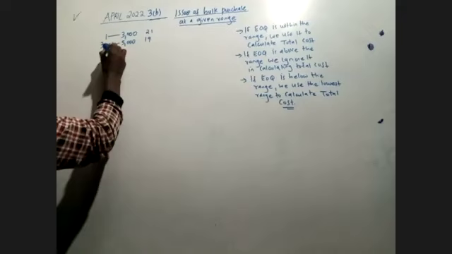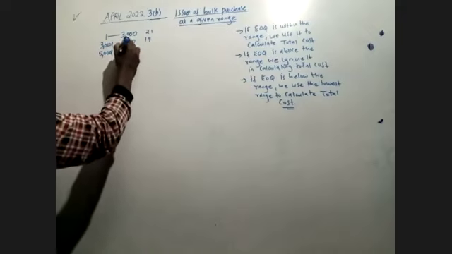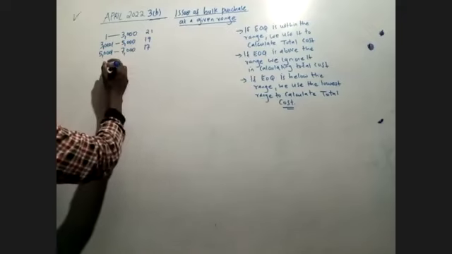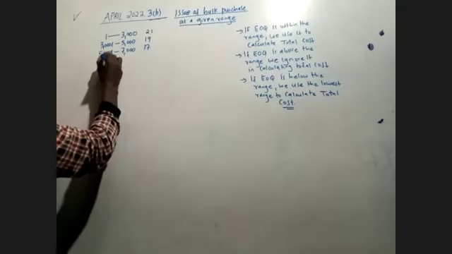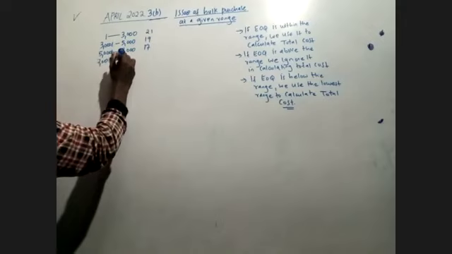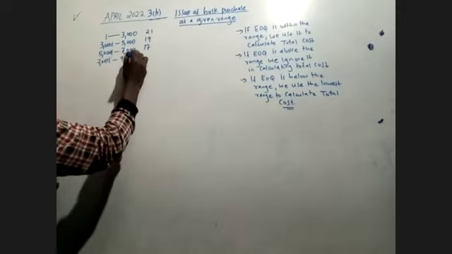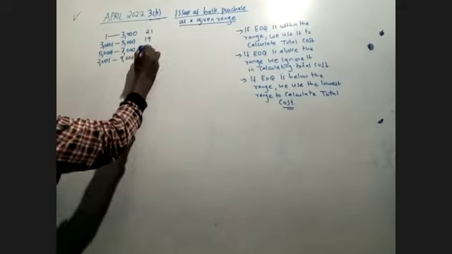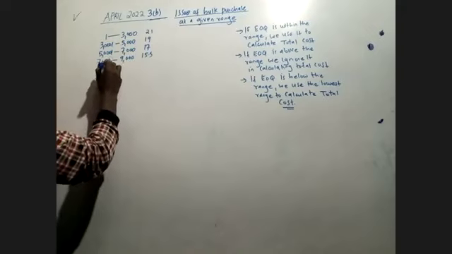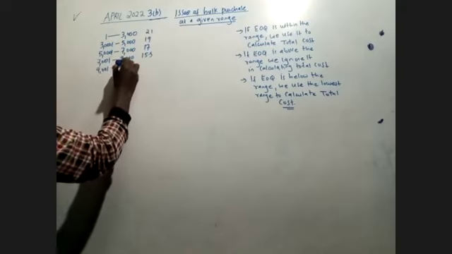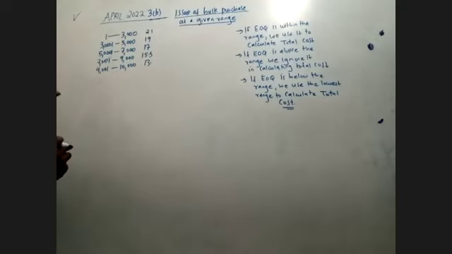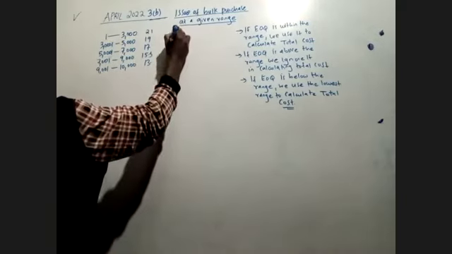Then 5,000 to 7,000 at a price which is 17. Then you have 7,001 up to 9,000, the price which is 15.5. Then 9,001 to 10,000, 13.